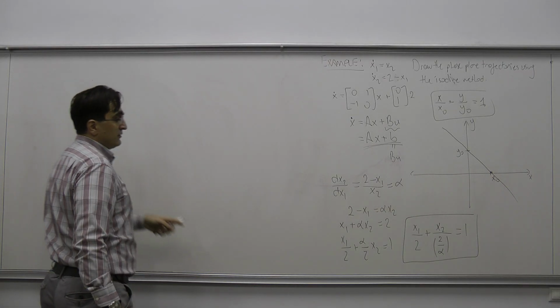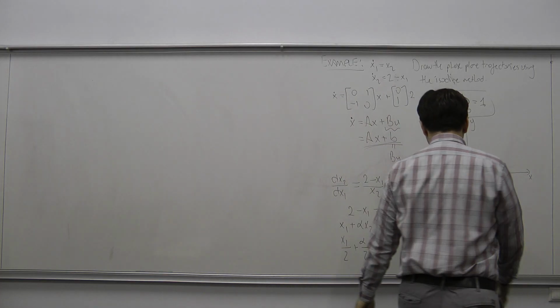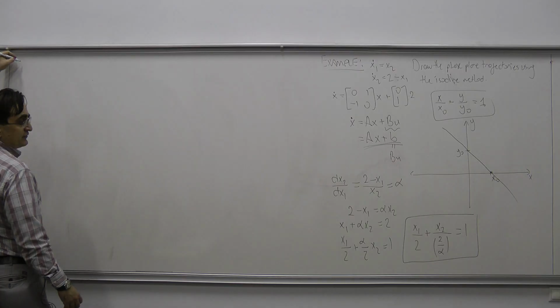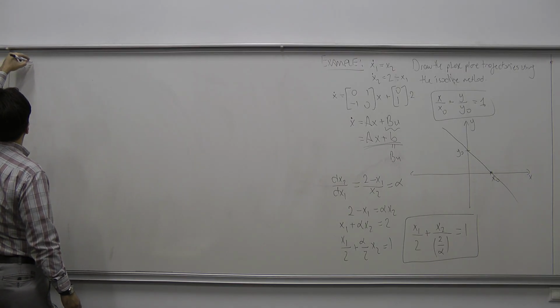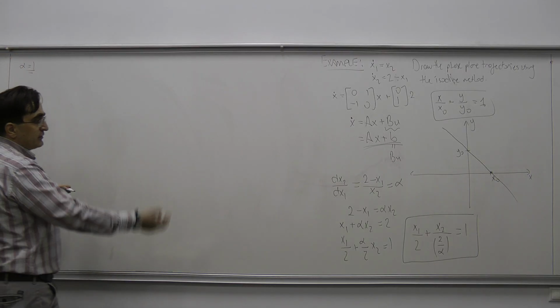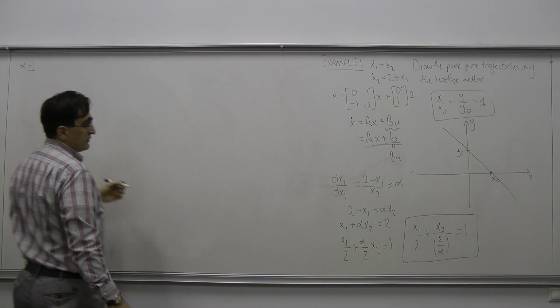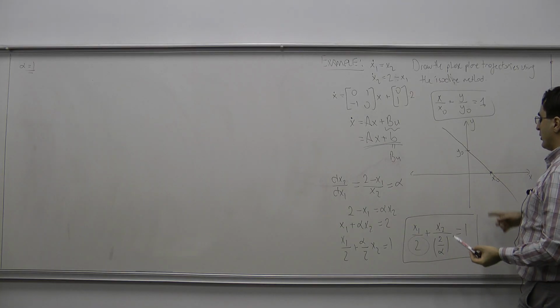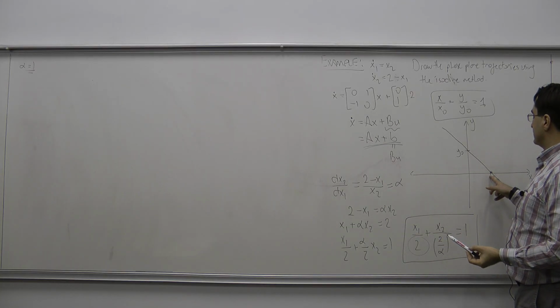Okay, now let us start selecting alpha values. Let us say that I select alpha equals 1. Here you see that this x1 intersection point is never changing.